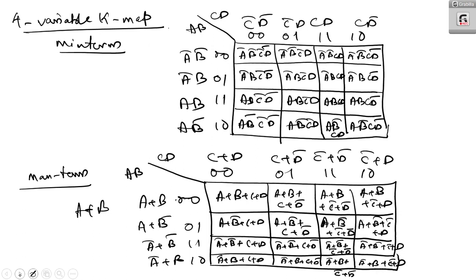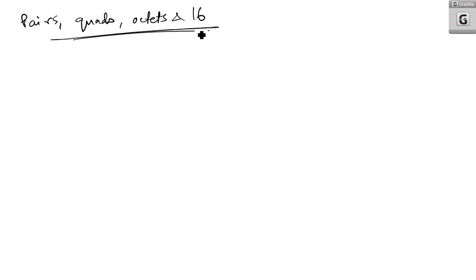Okay. So here the major advantage is that you can simplify this in the form of pairs, quads, octets, and 16.